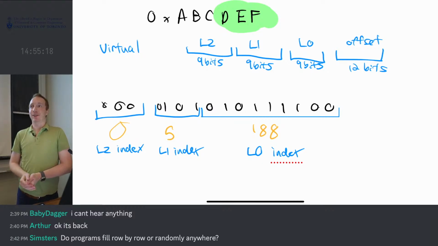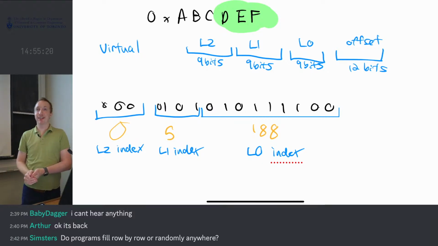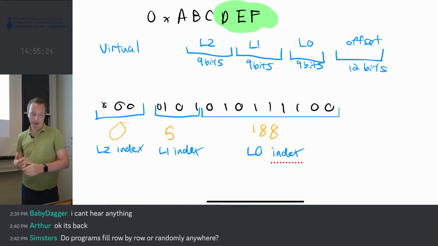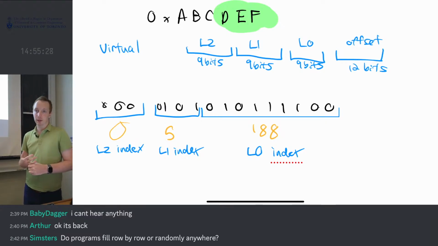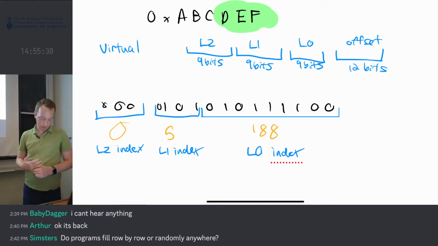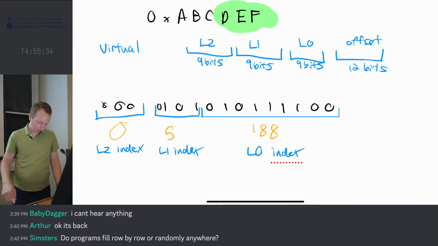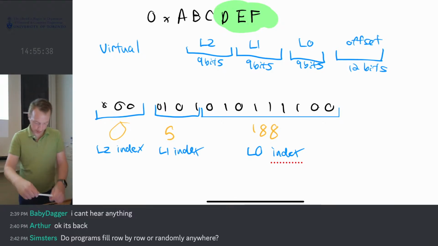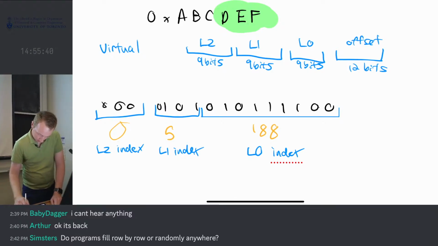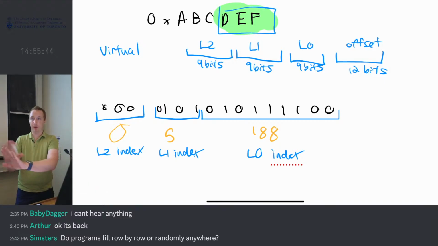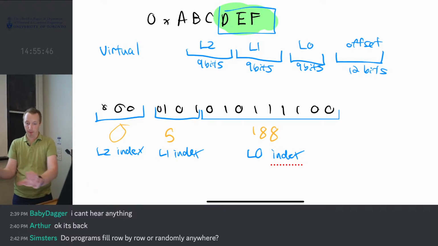All right, any other questions? Yeah. When we made that number, we started with A, so that's like 1, 0, 1, 0. Why did we add 3 zeros before? Oh, so this part is the offset, so I don't need to translate that or do anything with it.